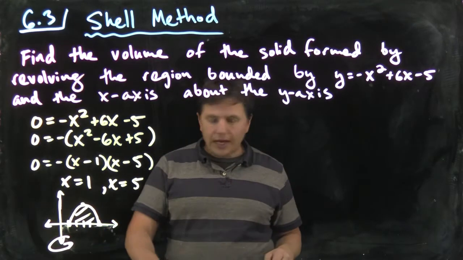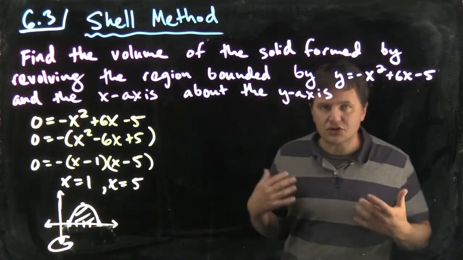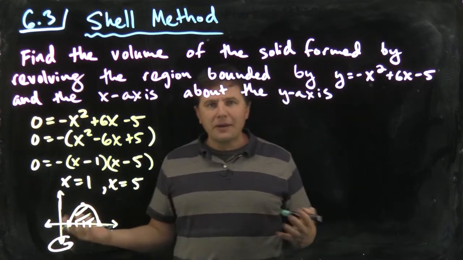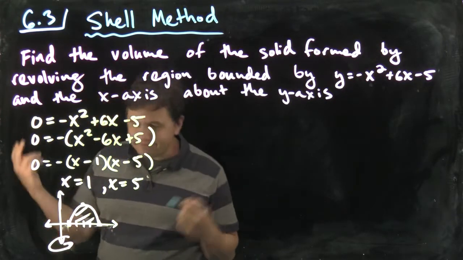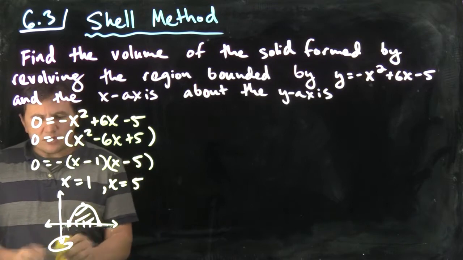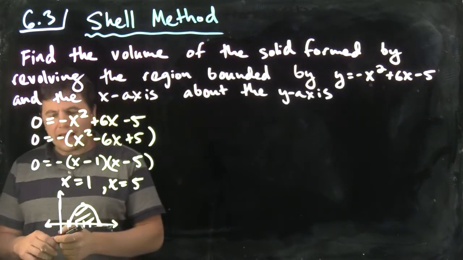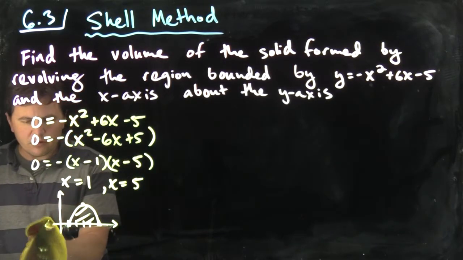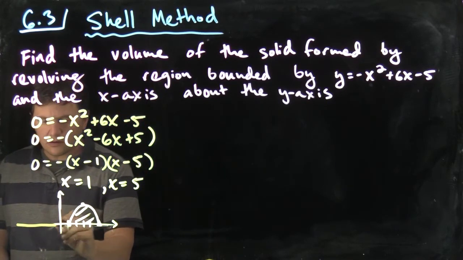Okay, so first of all, just like before, if you can visualize these things, that's great. If you can't, it really isn't a big deal. I'm going to do my best to draw these things, but I'm not necessarily an artist here. So we're rotating this thing about the y-axis. Let's continue this on.